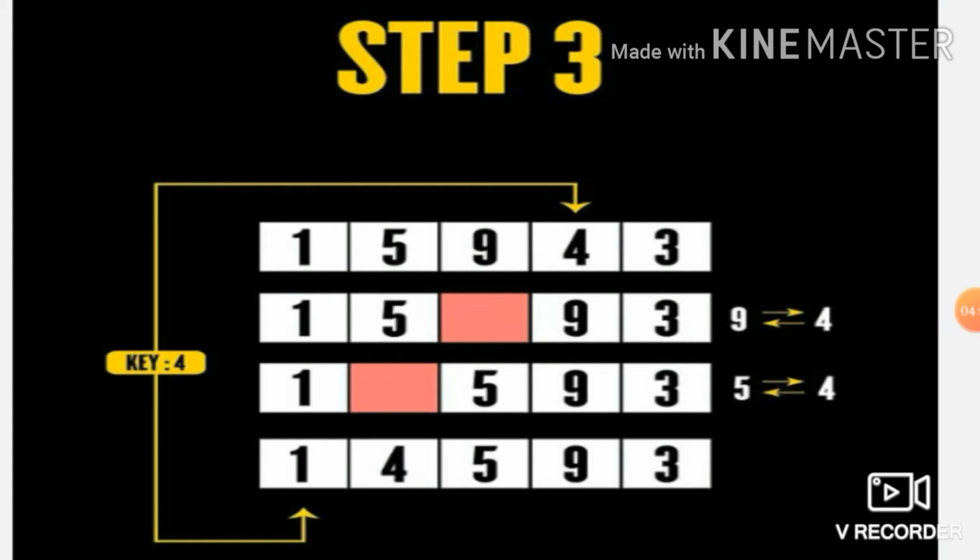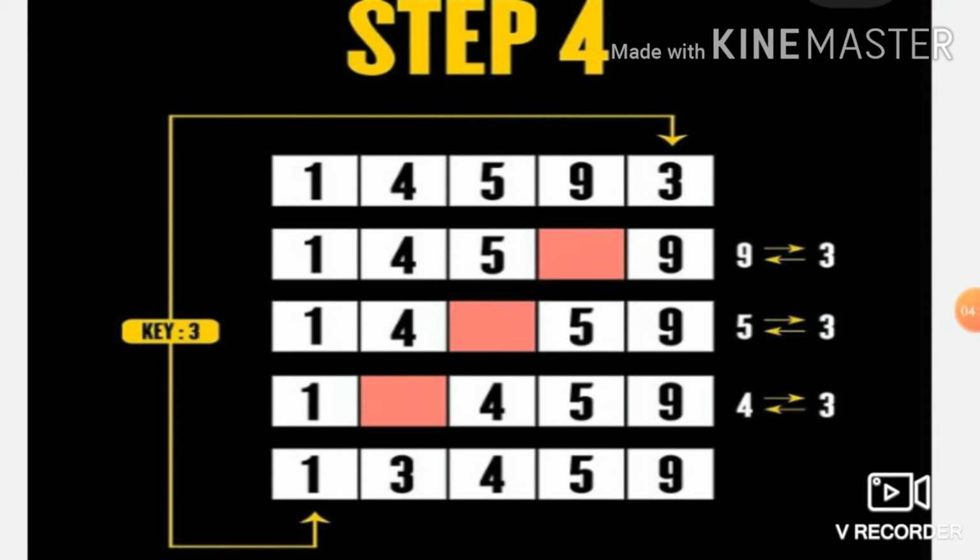And 4 compares with 5, where 5 is greater than 4. So 5 got swapped, 4 remains there only. It checks with 1 whether it is greater or not. Whereas 1 is less than 4, so it remains there only. The sorted array is 1, 4, 5, 9, 3. One element is remaining for sorting.